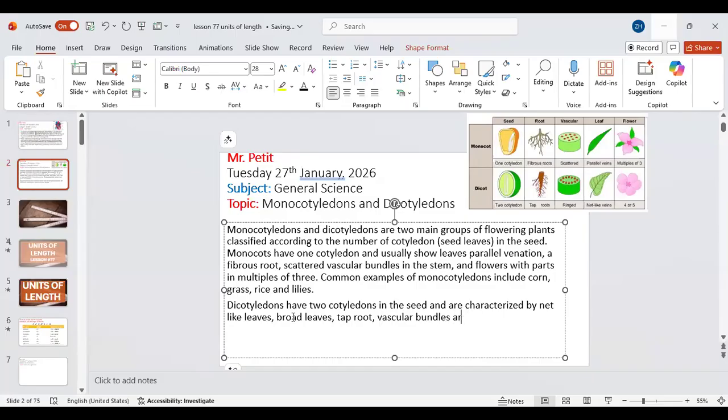Vascular bundles arranged in a ring in the stem. And flower parts in multiples of 4 or 5.